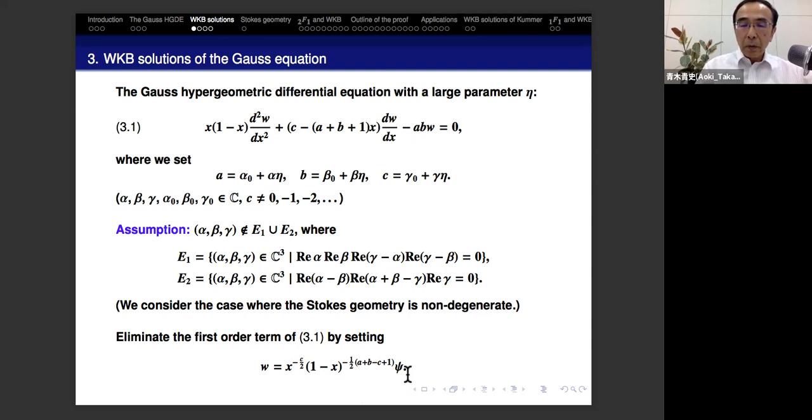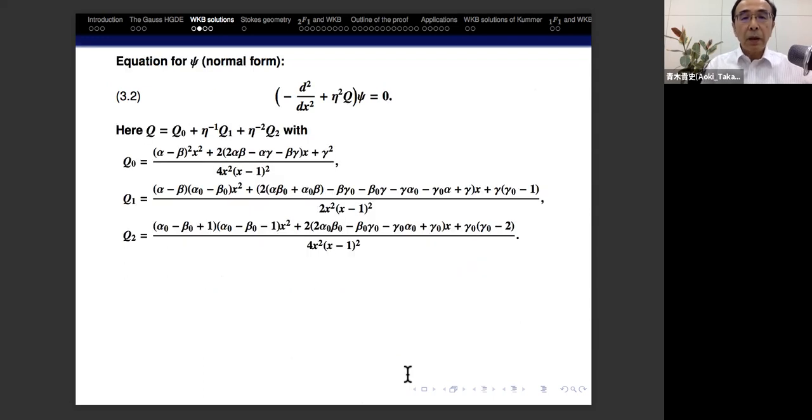Then we have an equation for psi in Schrödinger form. Here, Q has some complicated form, but we can compute it in this form.